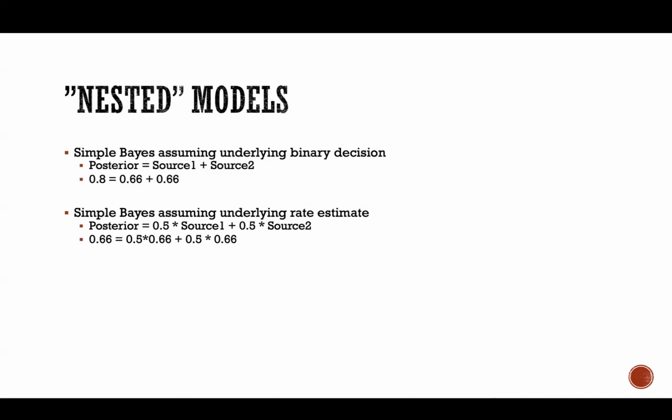If we have that conceptualization of the process, what we actually do is a mean between the two. So we put a 0.5 weight on both of them. If there were 3 sources, we would put 0.3333 weights in front of each of them. Is that simple Bayes or weighted Bayes?